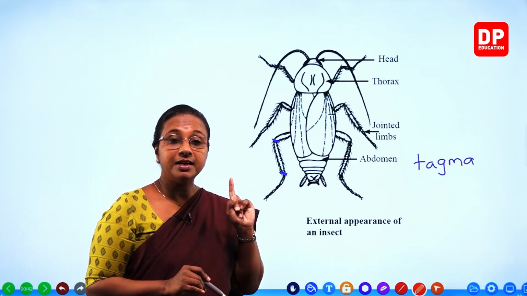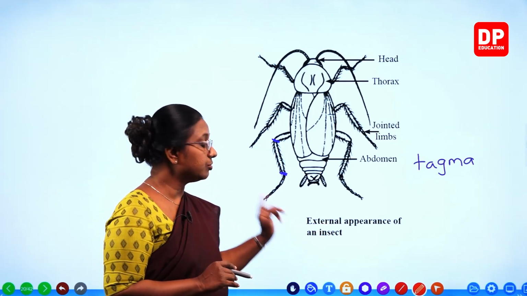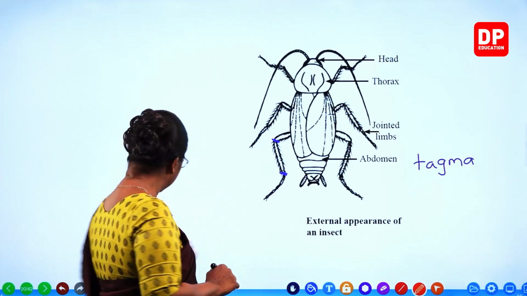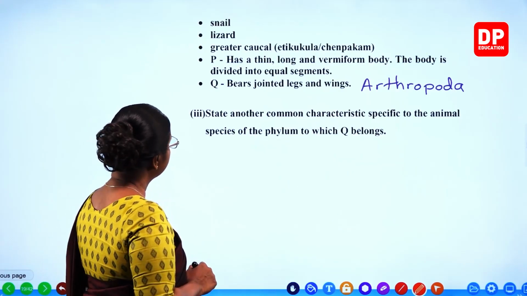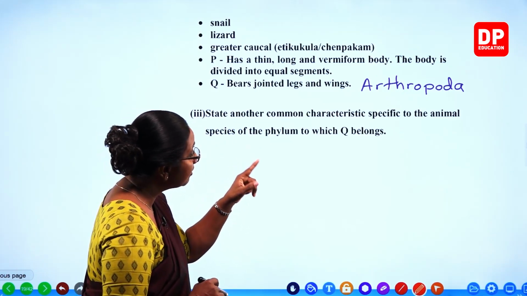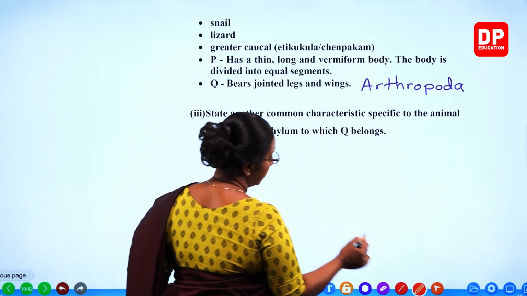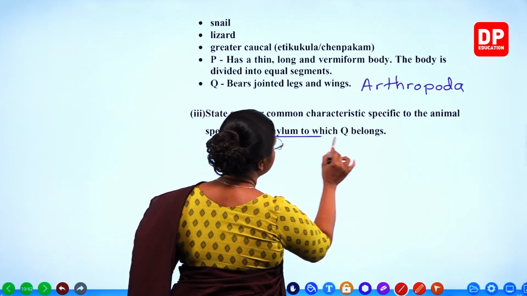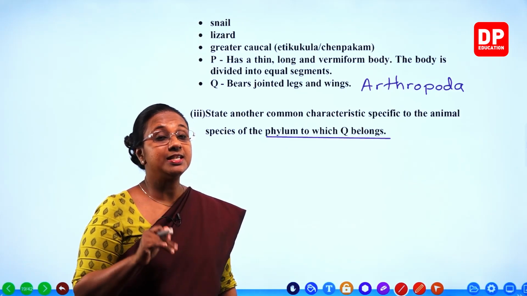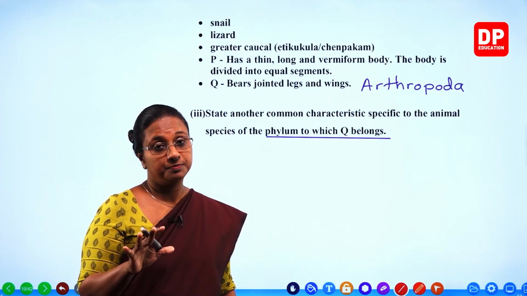So that is another common feature of the organisms belonging to Arthropoda, not Insecta, Arthropoda. Now here, if you look at the question, students, state another common characteristic specific to the animal species of the phylum to which Q belongs. So they are asking the phylum to which Q belongs. So you don't consider the insects, you consider the arthropods as a whole.